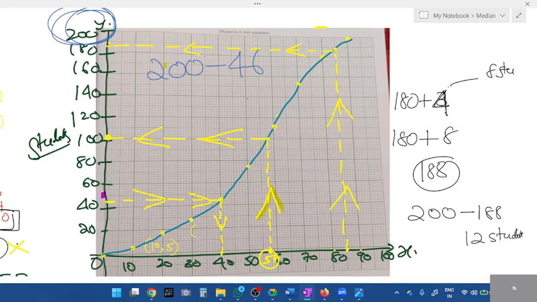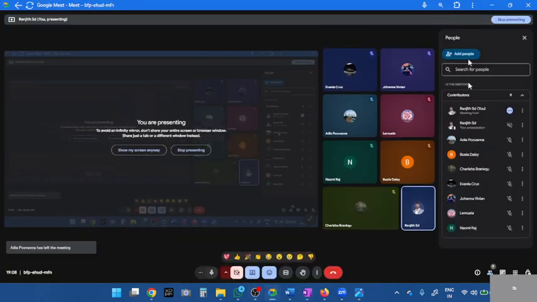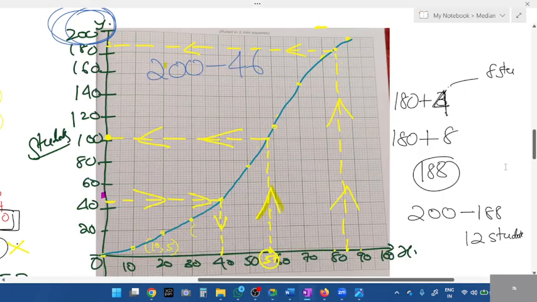Is it clear? Did you all understand? Complete it. Be quick, students. We'll just solve 4 or 5 questions. It is very easy to solve. Next, median is done.